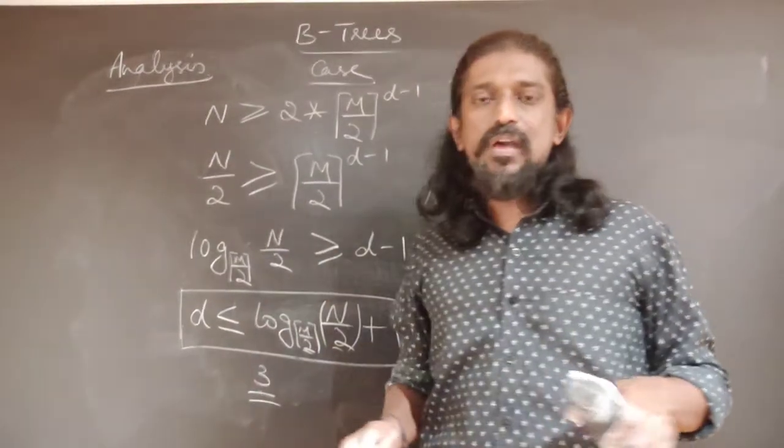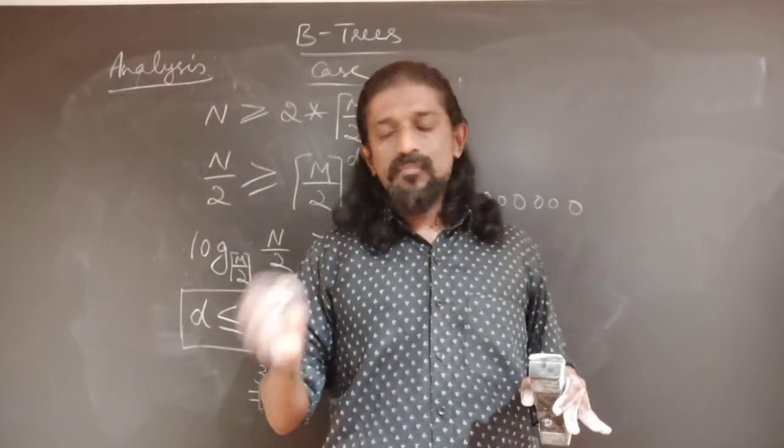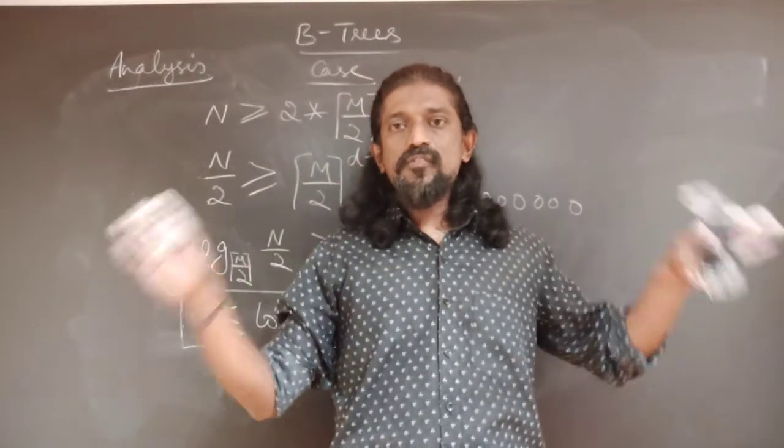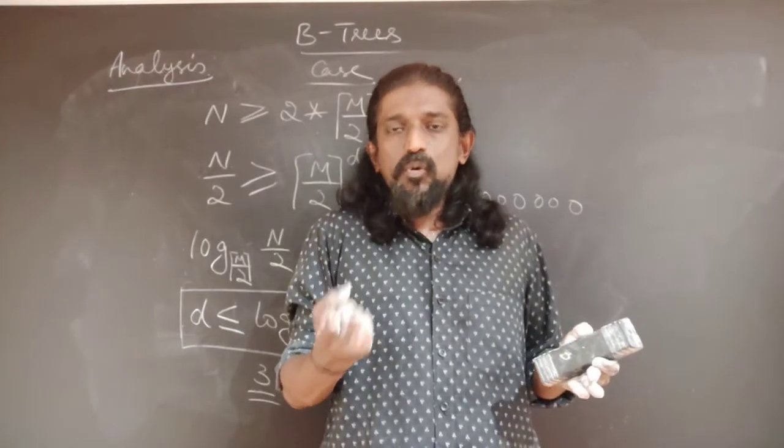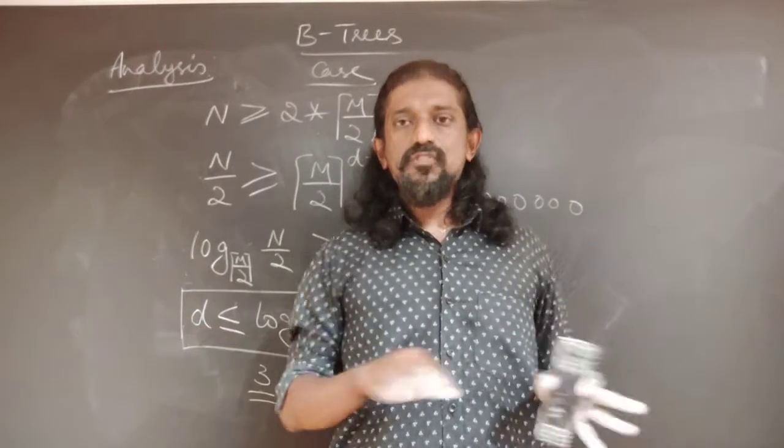So in the best case, what may happen? All the nodes may have m keys, the maximum number of keys possible, and each node has the potential to split on the next insertion. Anyway, when we search, what will be the efficiency?